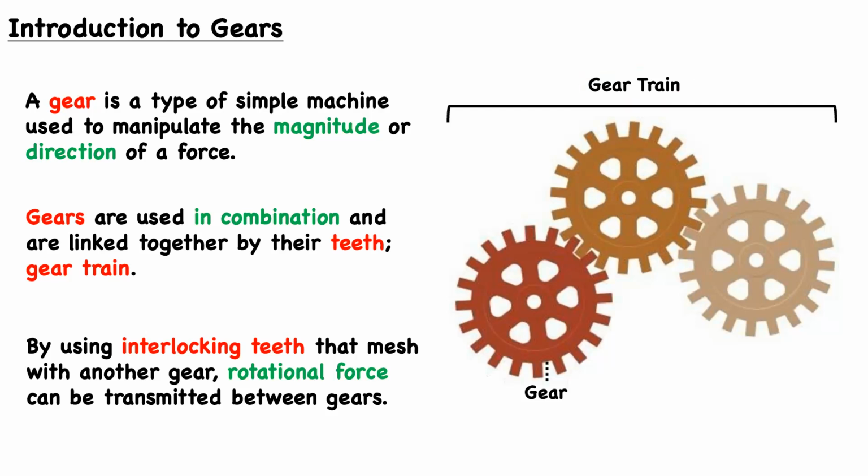So by using interlocking teeth that mesh with another gear, rotational force can be transmitted between gears. So for example, if we have this gear rotating, the gear on the far left, that means rotational force will see that the adjacent gear rotates, and so will all other gears that are meshed in this system.